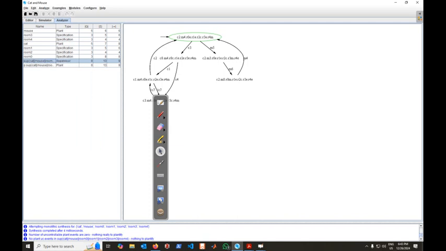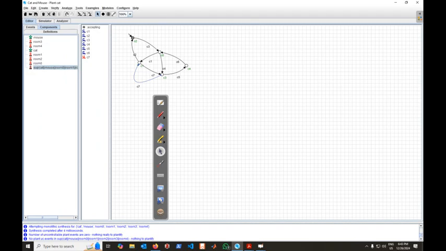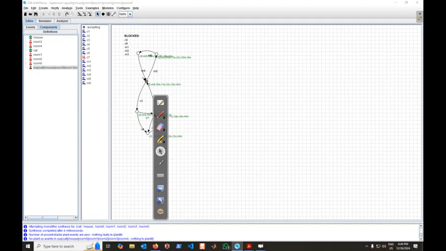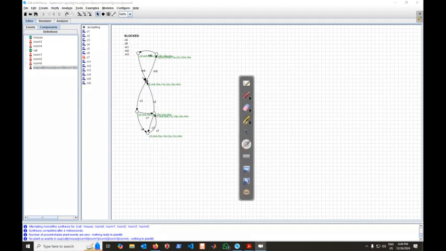So it has created the supervisor. This is the plant, this is the requirements, and this is the supervisor. You can have a look at the supervisor, and it is telling you that it has blocked several events, C5, C6, and M1, M2 and M3, to make sure that we will never reach the dangerous states. From these dangerous states, C7 will be possible, and it is trying to totally get out of this situation.